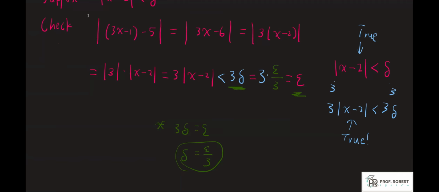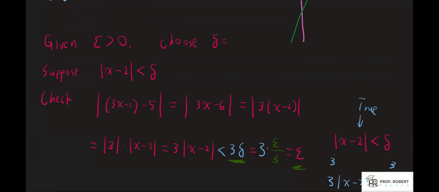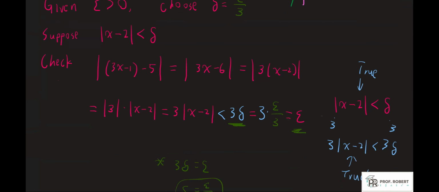I have the distance between my y value and 5 is less than epsilon. So I'm now going to go back to step 2. And in this step 2, I want to choose delta to be epsilon over 3. And once you fill in this epsilon over 3, we are done with the proof. And let's go back to the end, and then we're going to add a little box, symbolizing that we're done with the proof.